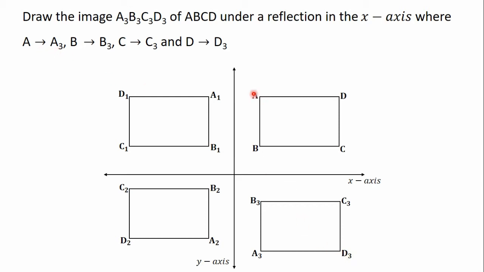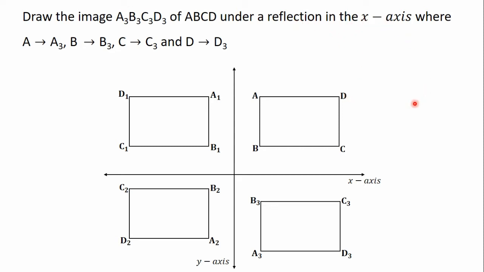So we are going to reflect A in the x-axis to get A3. We will reflect B in the x-axis to get B3. We will reflect C in the x-axis to get C3. And then we will reflect D in the x-axis to get D3. We already have the coordinates of A, B, C, D, and we know how to reflect a point in the x-axis.